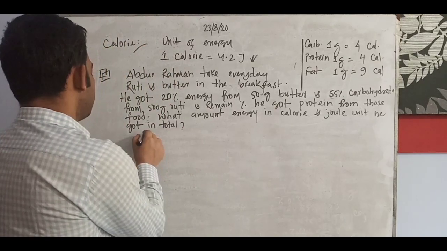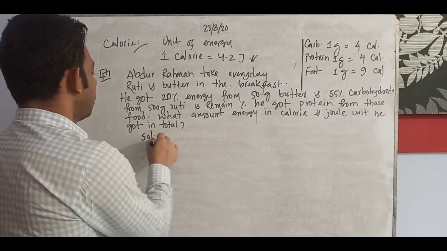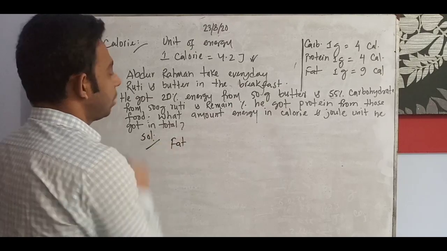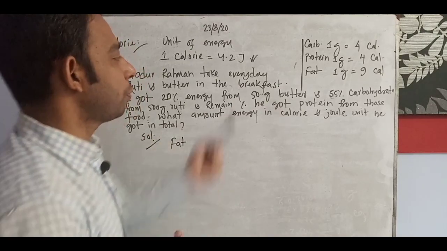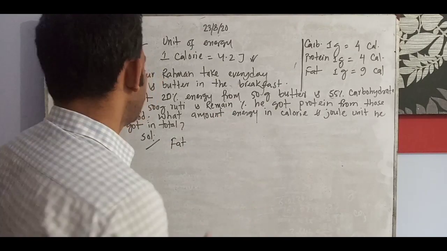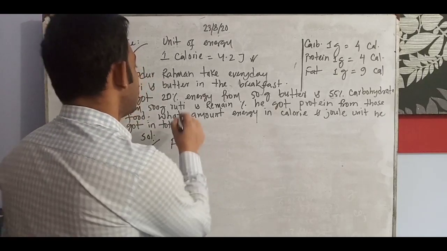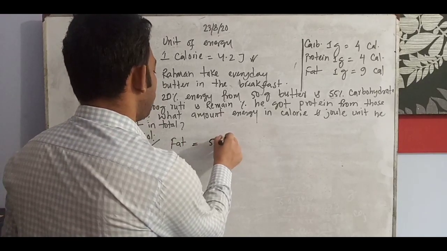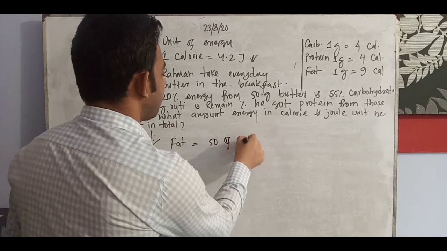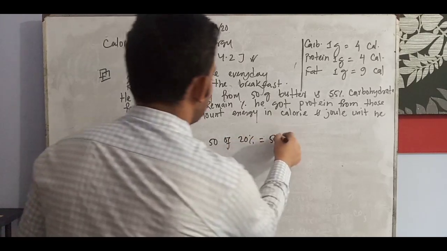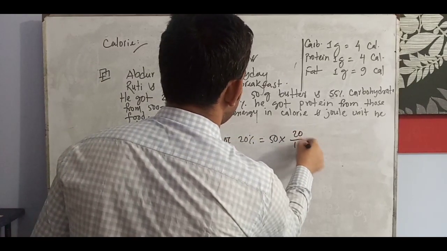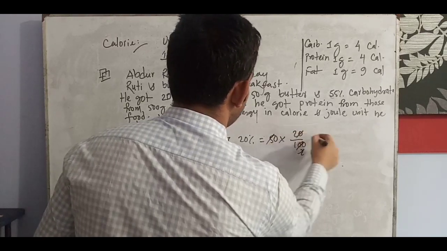First, the solution. If we try to understand fat, what amount of fat did he get out of 50 gram butter? Fat he got is 20% of 50 gram, that means 50 into 20 by 100, which is 10.